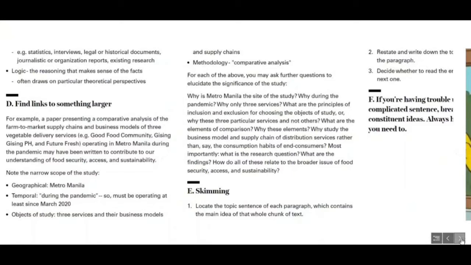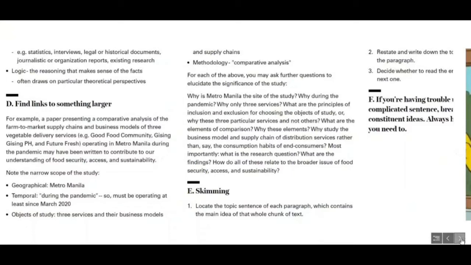So in the example that I put in the presentation, the objects of study here are three particular digitally mediated services and their business models and supply chains. So malinaw na first I have to figure out what is the business model, what is the supply chain, and there are various ways of doing that. You can maybe look at their business plan if that is publicly available.